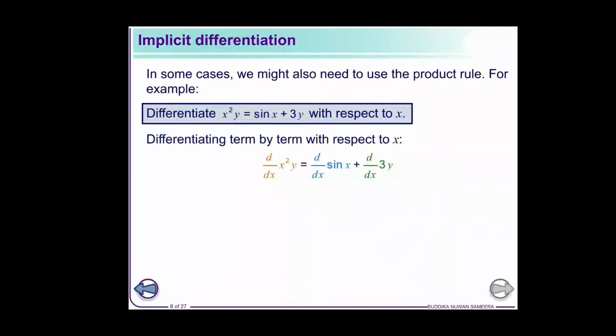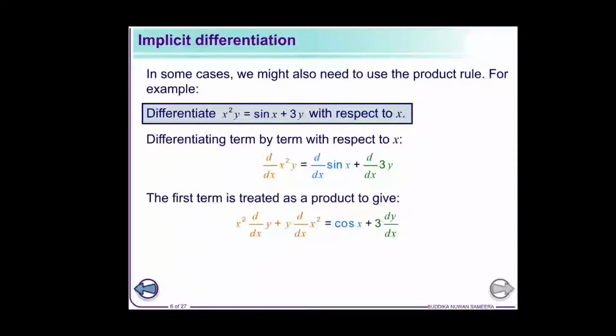Then you have to use the UV method, and after that you have to differentiate sin x, and after that you have to differentiate 3y also. So when you differentiate x square times y, first I'm going to keep x square and differentiate y with respect to x, then I'm going to keep y and differentiate x square with respect to x.